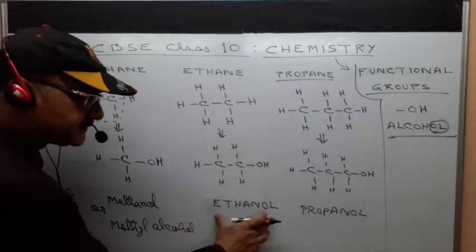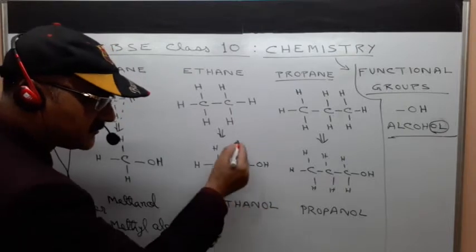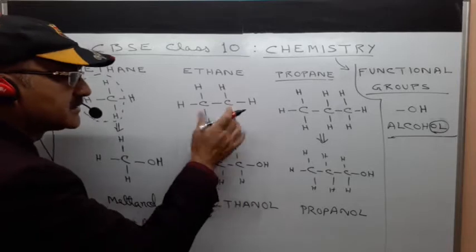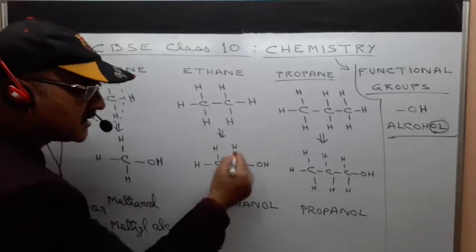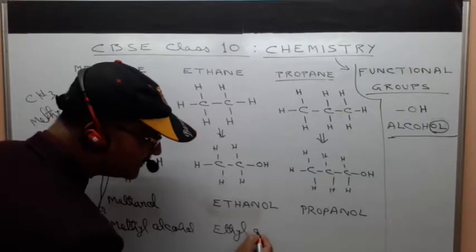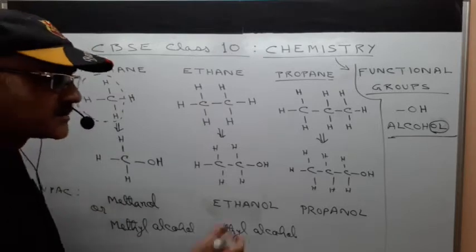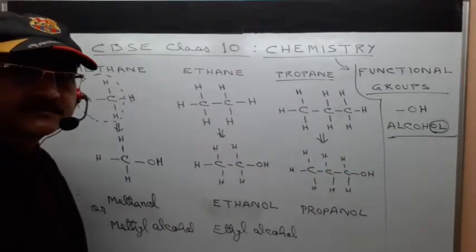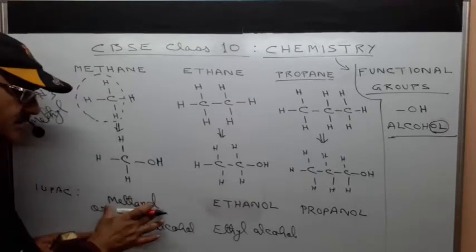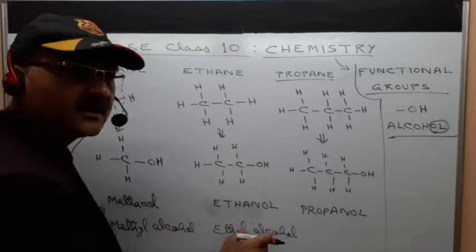Similarly here, which is ethanol, if you just look at this part, this is ethane, so this part is ethyl, so this is called ethyl alcohol. Similarly it goes on. Clear? You should remember that methanol is also called methyl alcohol. Ethanol is also called ethyl alcohol.